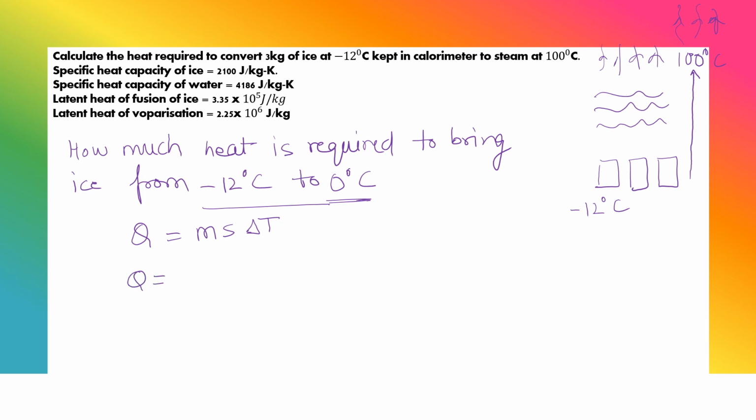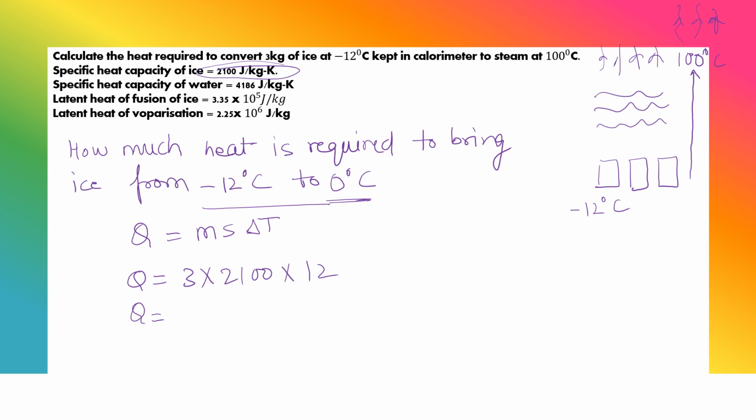So I can write Q is equal to mass is 3 into specific heat capacity is given to us, specific heat capacity of ice, which is 2100 joule per kg Kelvin, into change in temperature is 12, right? So Q is equal to 12 3s are 36 into 2100.